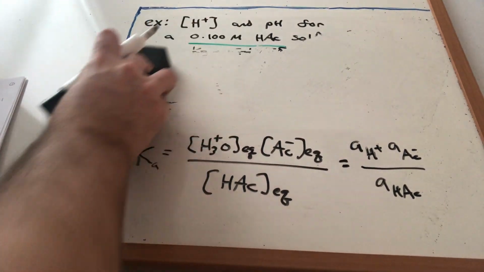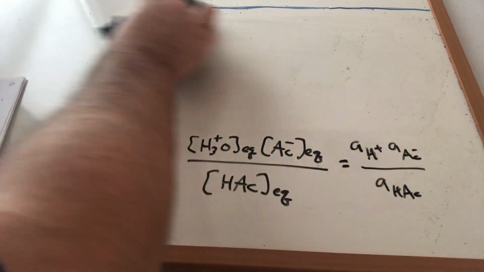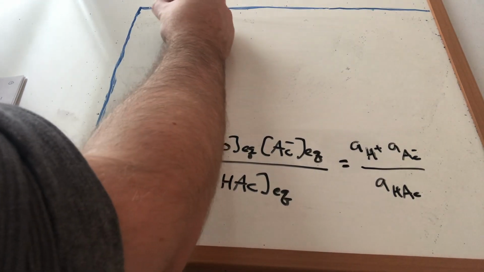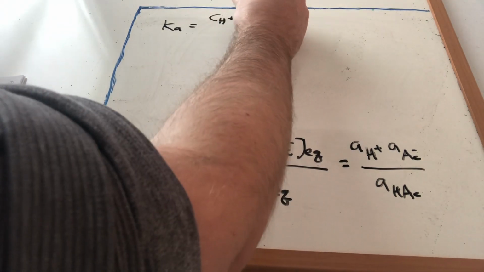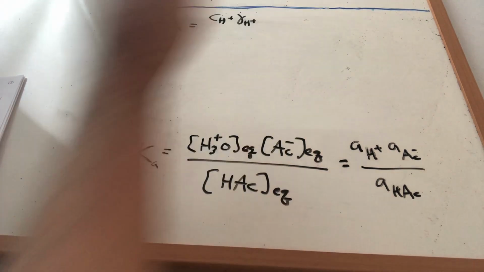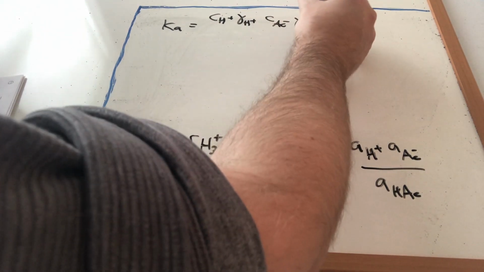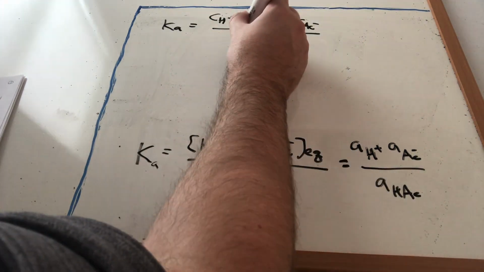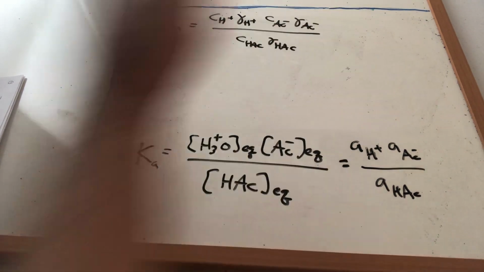Now, I mentioned we do this iteratively because if I look at this initial mathematical expression, I know that for these ion activities, I really should replace them. This really should be the concentration of H plus times gamma for H plus, times the concentration of AC minus times gamma for AC minus, over the concentration of HAC times gamma for HAC.